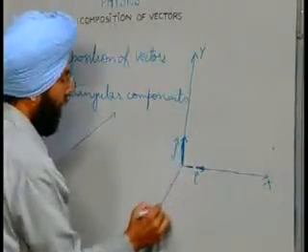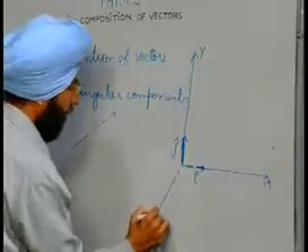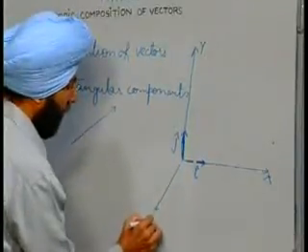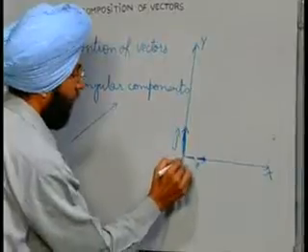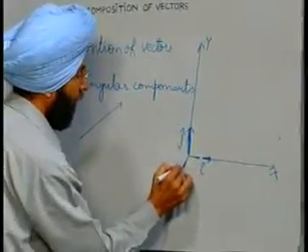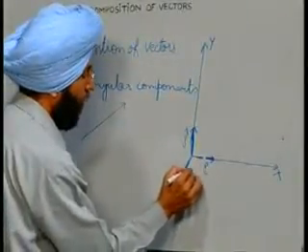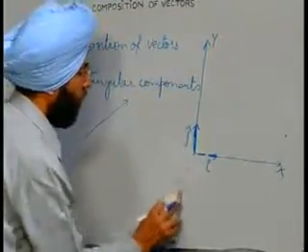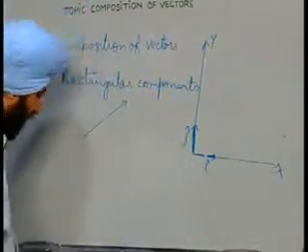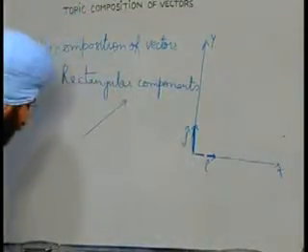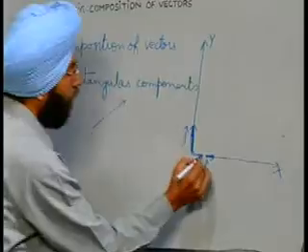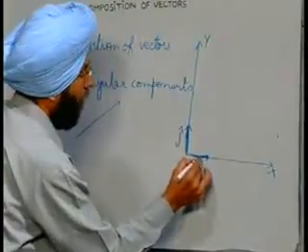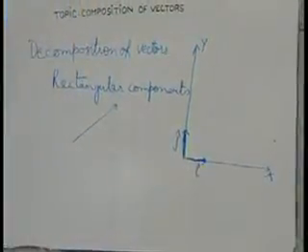Similarly, if we take z axis, then the unit vector along z axis is k. We will come to that in a short while. So far, we will be considering only two dimensional, i and j vectors only.